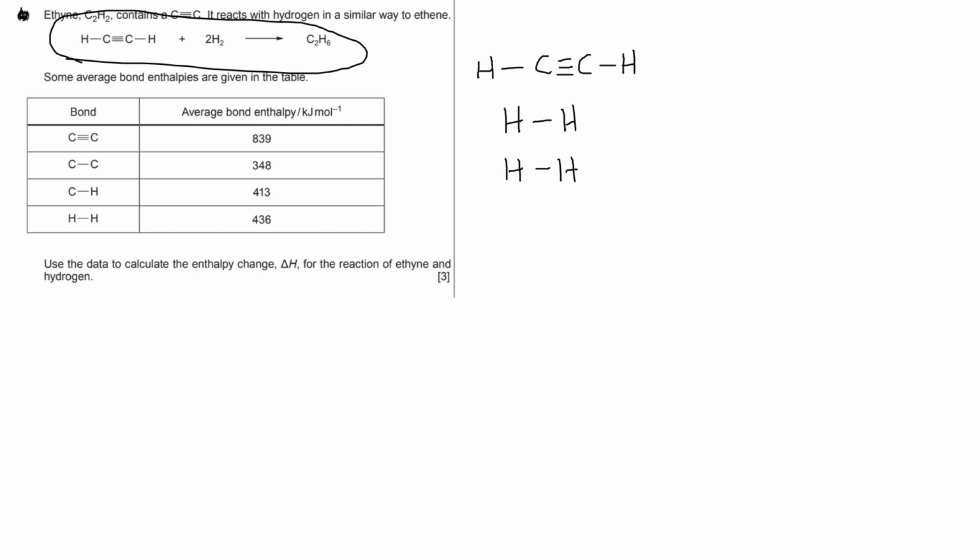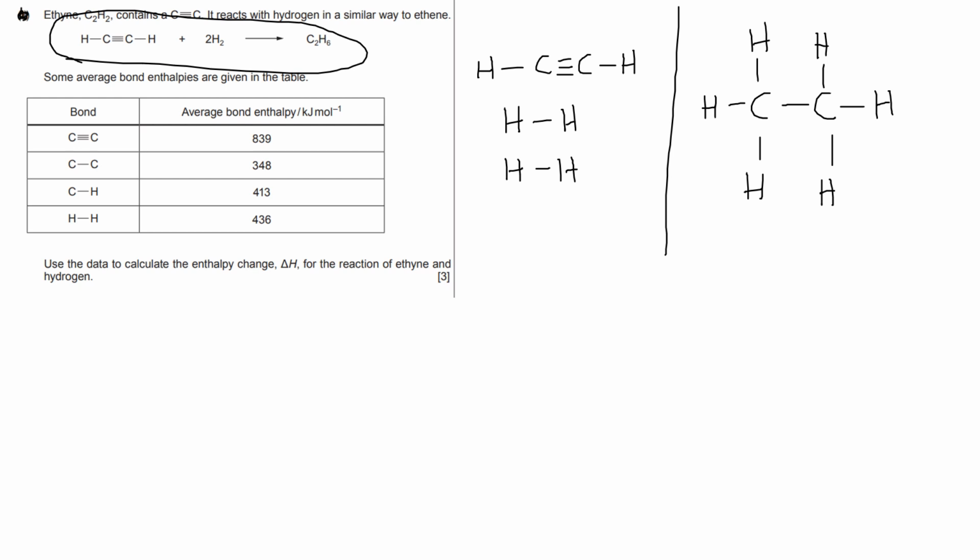Okay, that's your reactants. And then over here I would draw your product. So your product is C2H6, so that's 2 carbons, single bond between the carbons, and then single bonds to hydrogen, like so. So you'll find it much easier to tackle a question like this if you have the full displayed formula drawn out where you can see all the bonds.